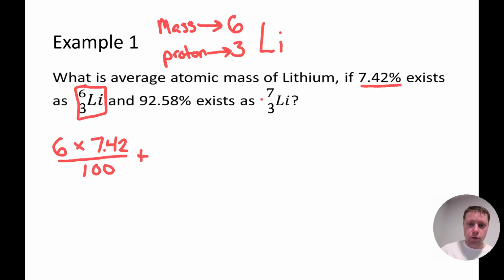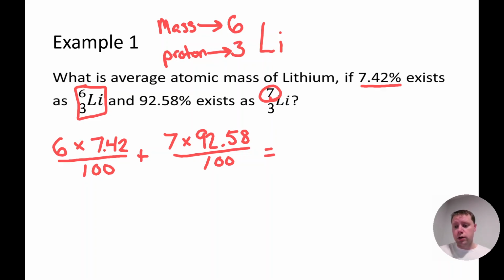So for the next one, we notice that the number on top was a 7, so that's our mass, 7. We're going to multiply that by the 92.58, which is the abundance percentage, divided by 100, and that's it. Because we only have 2 isotopes, we'll be able to hit equal on our calculator, and we can get our answer.